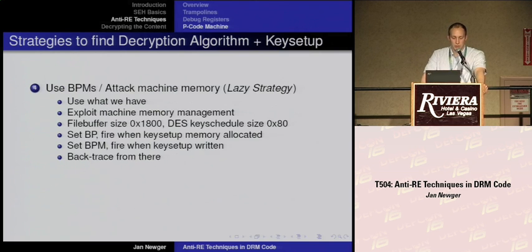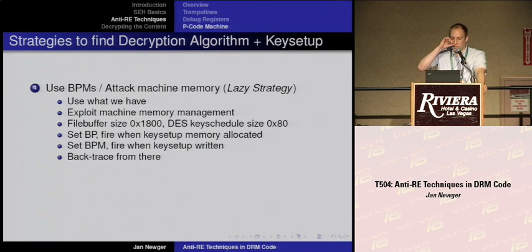Okay, and the final strategy I've been using in this is pretty lazy, because we use what we already have. The trick here is that, as I previously outlined, the machine actually has a mechanism allowing programs running inside it to allocate memory in the host machine.